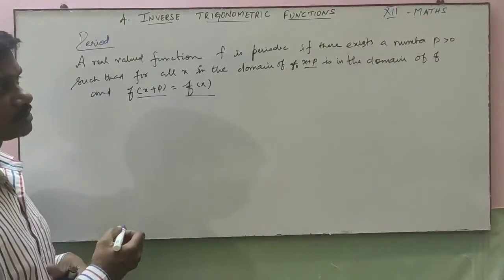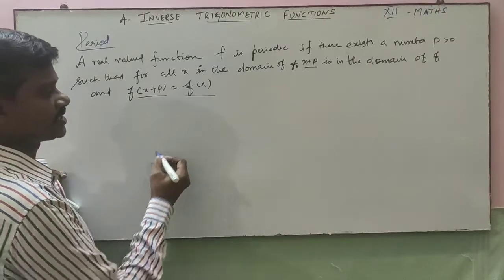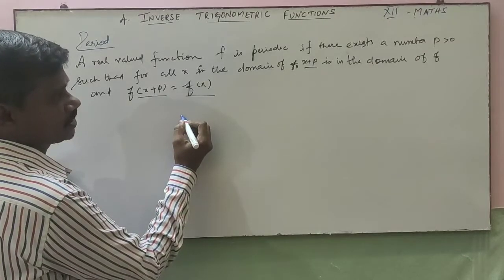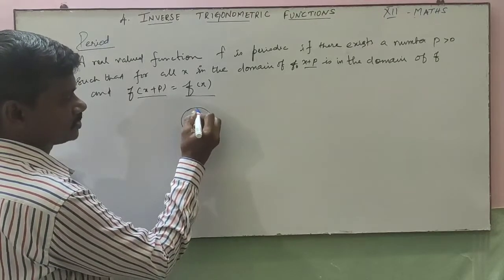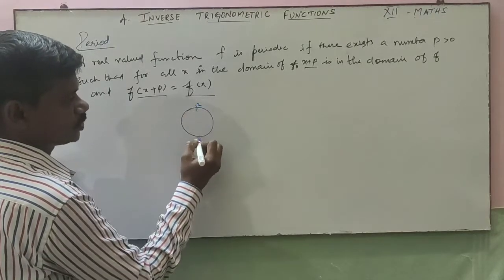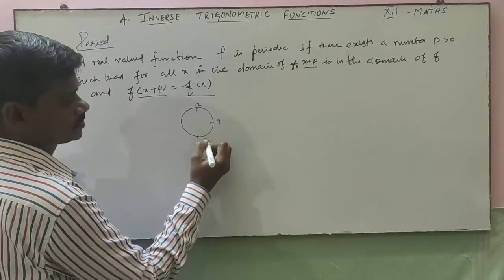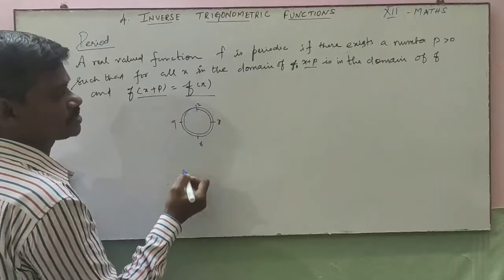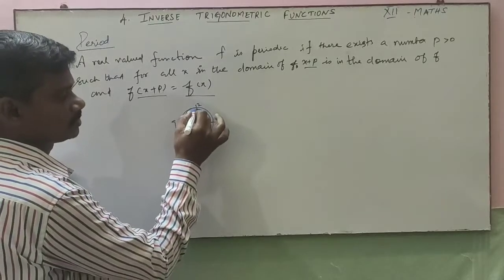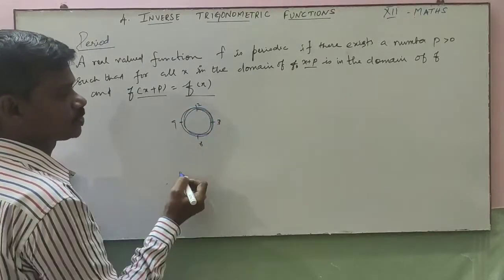I will give this in an example. If you take a clock, it shows 12, 3, 6, 9. For one rotation it gives 1 to 12. For another rotation it gives 1 to 12.